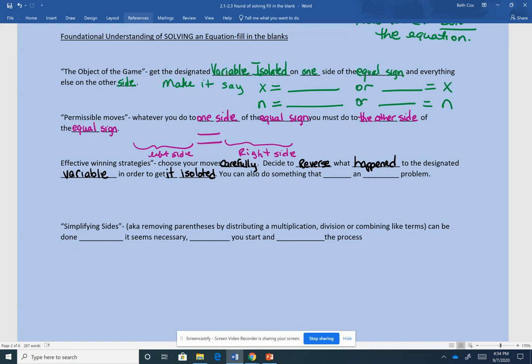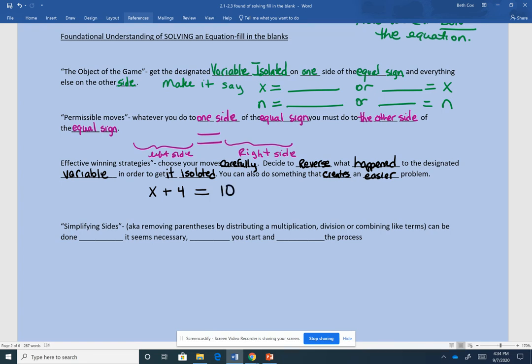So now, that's not the only thing you can do, as long as you do it to both sides. You can also do something to an equation that creates an easier problem. You'll see this later on. Okay, so if I have a variable and 4 was added to my variable, and then the result was 10. Now you can do this in your head.